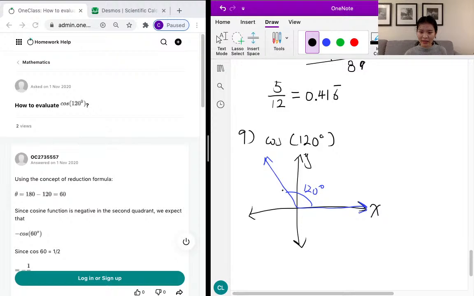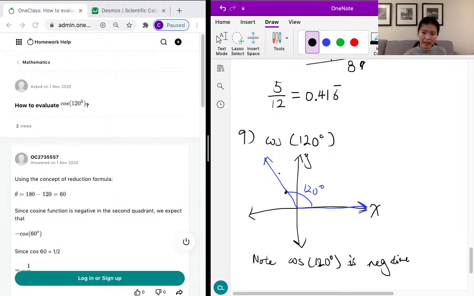And since the point over here is on this side of the axis, and the cosine is the same as the x values on the unit circle, we know that cosine is negative. So just note that cos of 120 is negative.